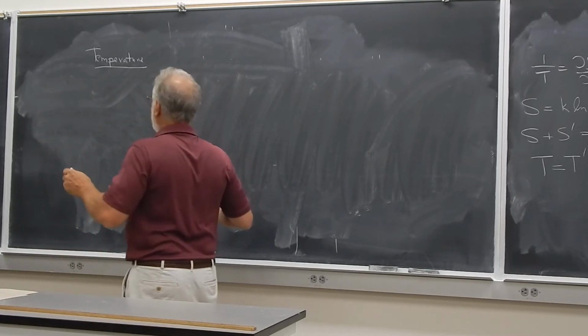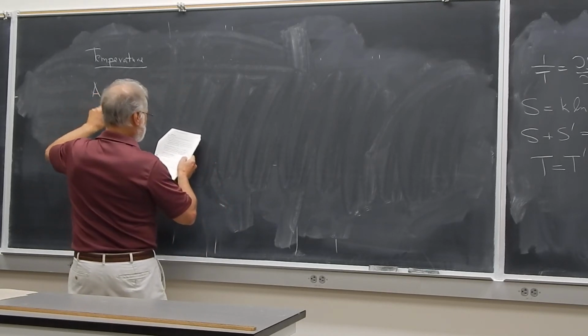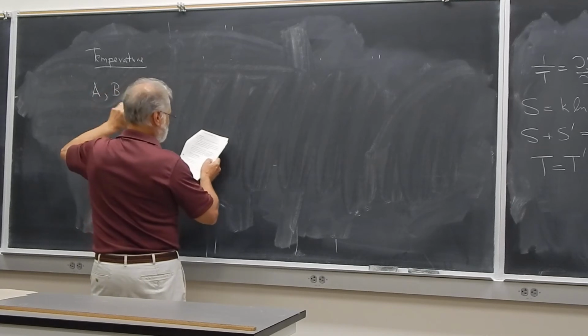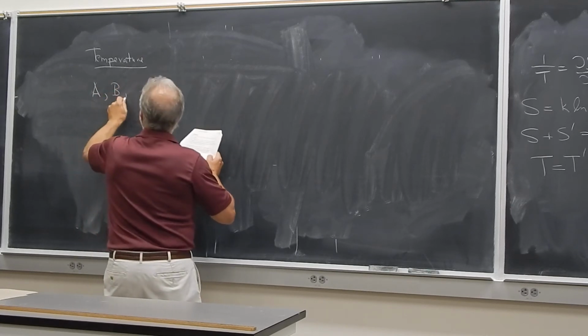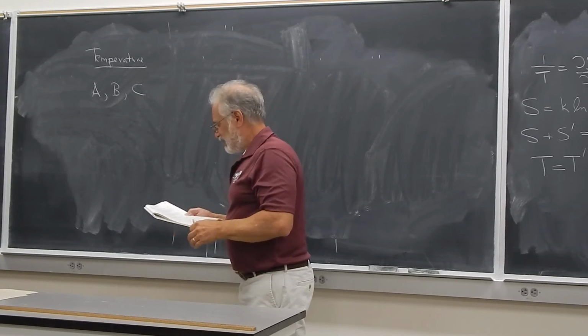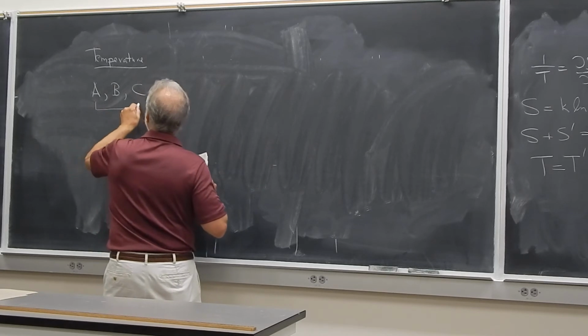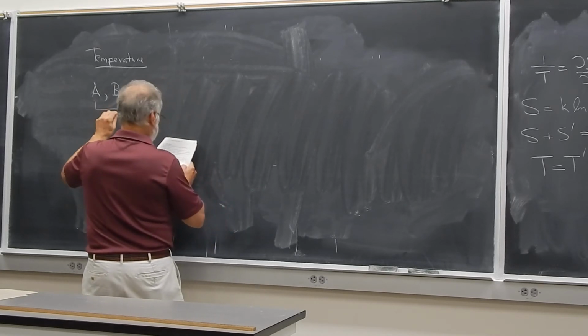So suppose we have three systems: System A, System B, and System C. I'm putting A and C in thermal contact until they reach equilibrium.